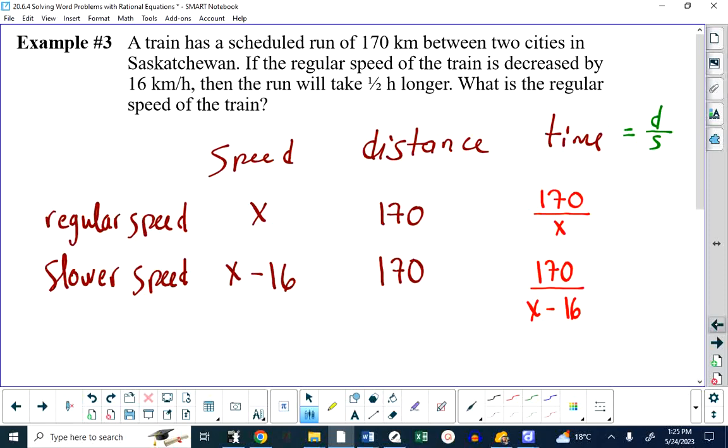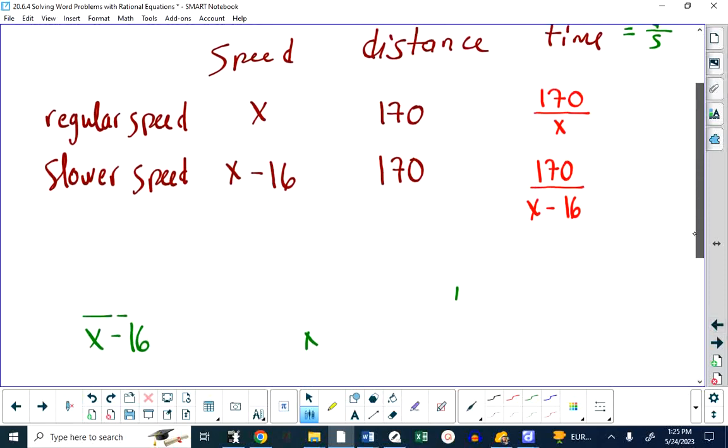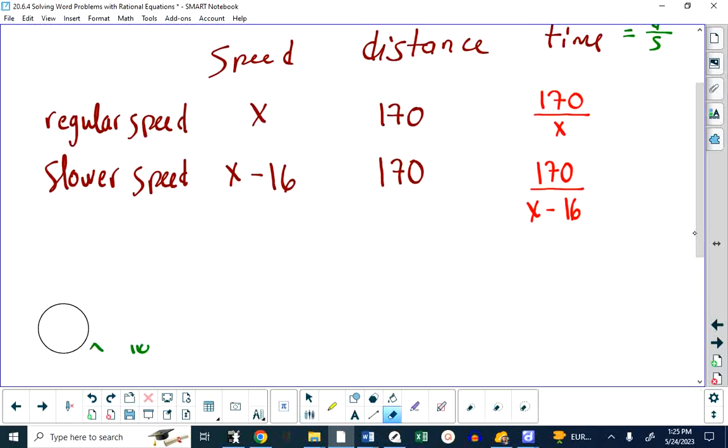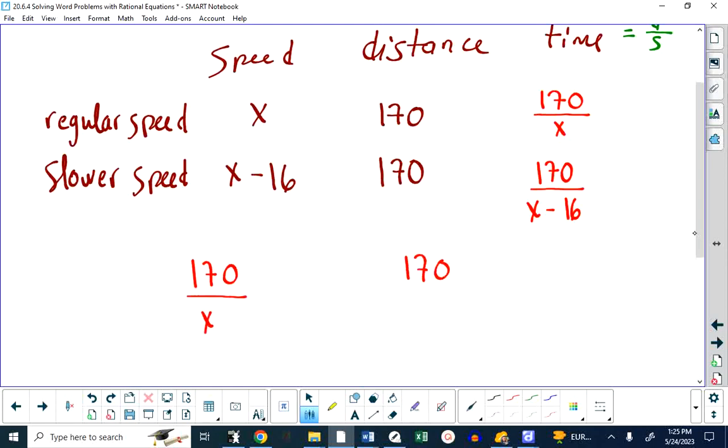But these are not the same, right? So I'm going to write these down. And there's something that's very slippery here for a lot of students. I'm going to write down 170 over x and 170 over x minus 16. I'm going to leave a bit of room there.